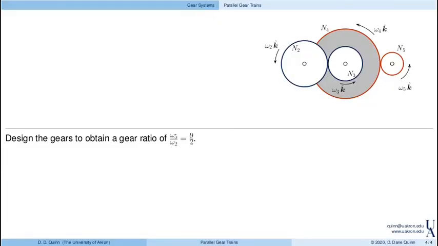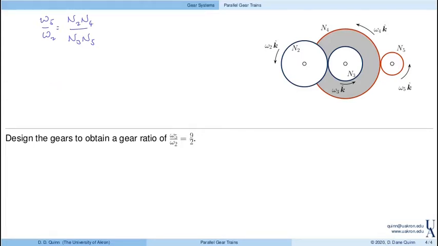So this kind of complicates the design of gear trains, right? So again, here, this is the gear ratio that we were looking at before, right? So that's going to be omega 5 divided by omega 2 is N2 N4 divided by N3 times N5.